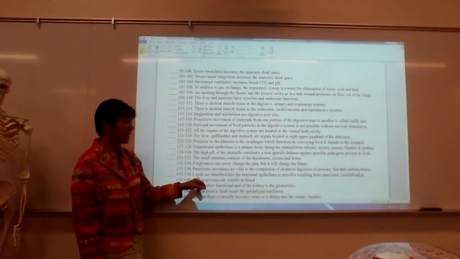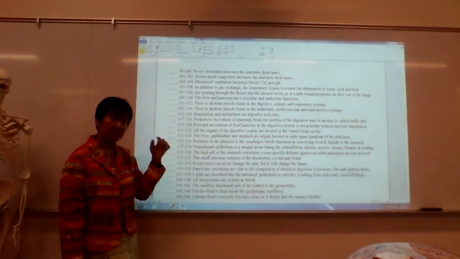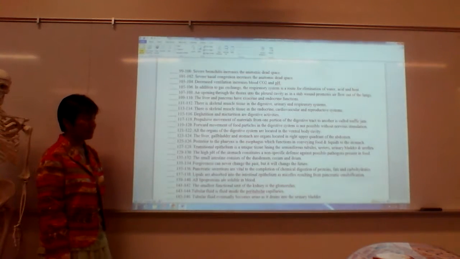Lipids are absorbed into the intestinal epithelium as micelles, resulting from pancreatic emulsification. True or false? What's micelles mean? What makes it wrong here?